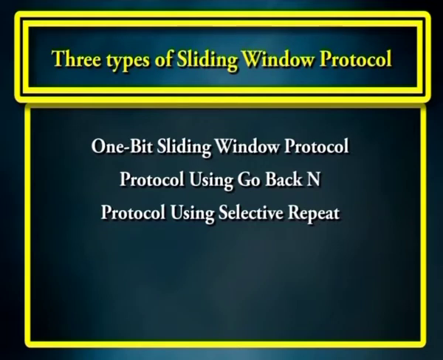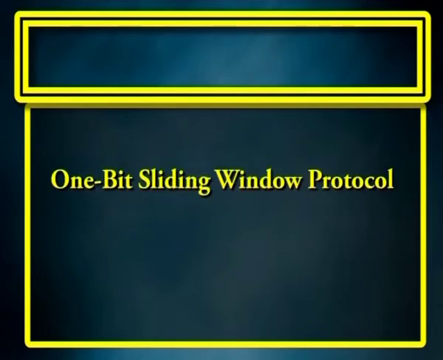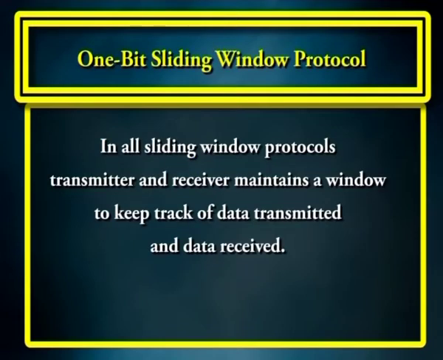There are three types of sliding window protocols: 1-bit sliding window protocol, protocol using go back N, and protocol using selective repeat. Now let us take 1-bit sliding window protocol. In all sliding window protocols, the transmitter and receiver maintain a window to keep track of data transmitted and data received.